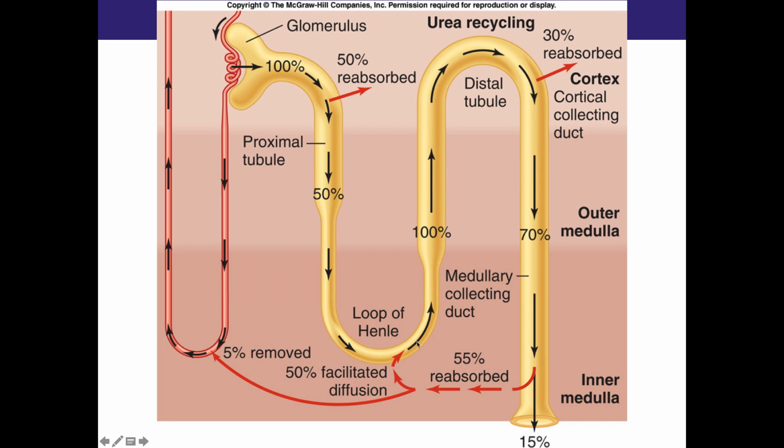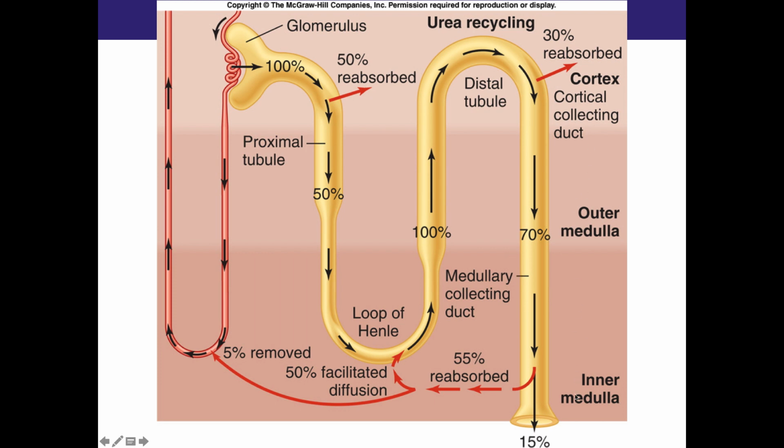So when it enters into the thick ascending limb, it's about the same amount that's filtered at the glomerulus. And then on the back end, if vasopressin is on board, you get a profound reabsorption of urea, again to help maintain this osmotic gradient. If you're reabsorbing a lot of water, you don't want it to dilute out your osmotic gradient. So urea is also reabsorbed to help maintain that profound osmotic gradient.